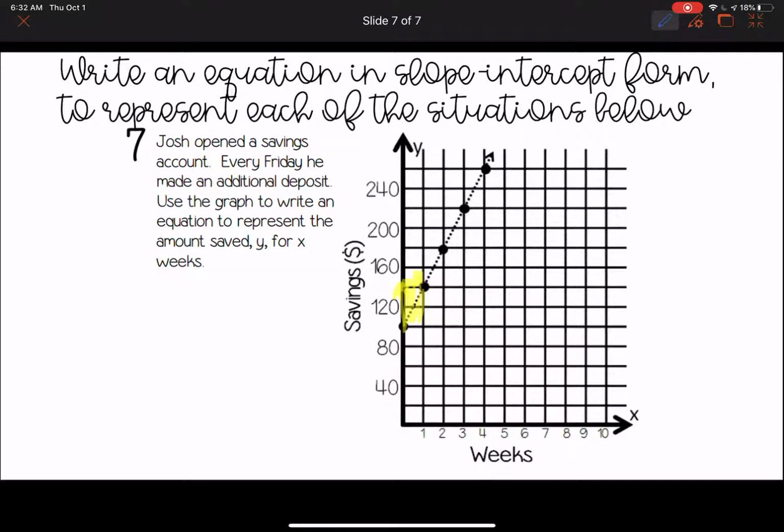All right, so if you're coming back, my slope right here, I'm going up 2, but each of those 2 means I'm going up 20. All right, so if I went up 20 twice, 20, 40, 60, 80, so we're going up 40, and always to the right. In this case, my right was a 1 week.